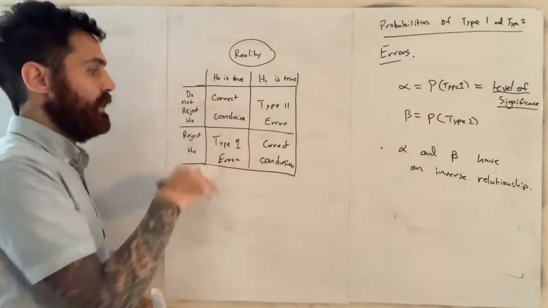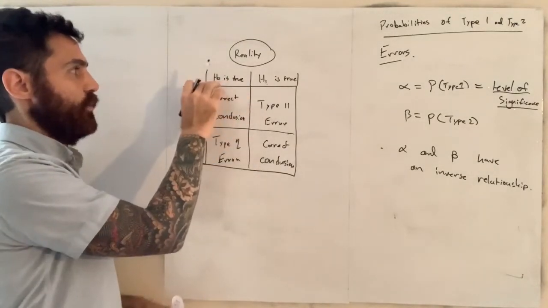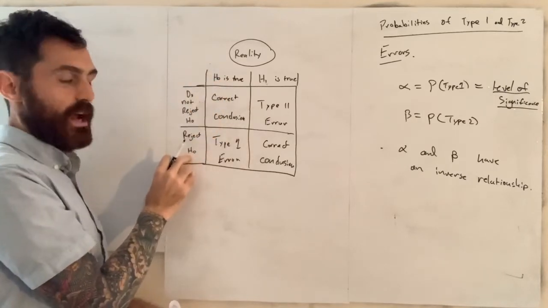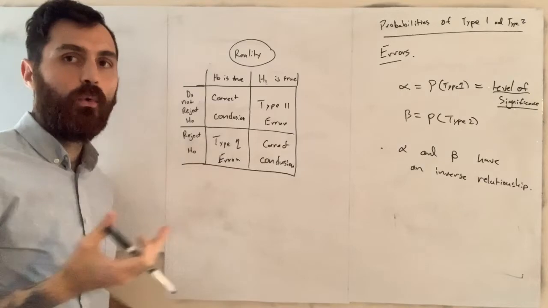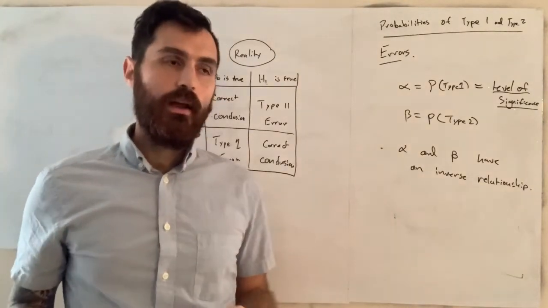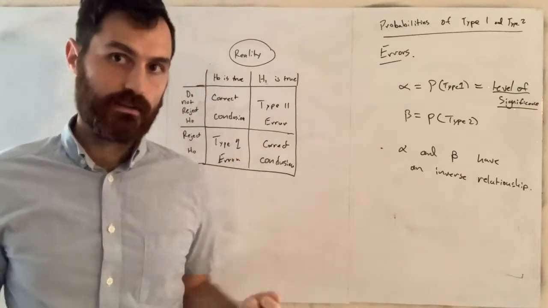And again, think about what's happening here. If you're making a type 1 error, that's when the person is innocent and you reject their innocence. How would you minimize something like that? Well, one thing you can do is you can make the requirements very, very hard to convict someone.